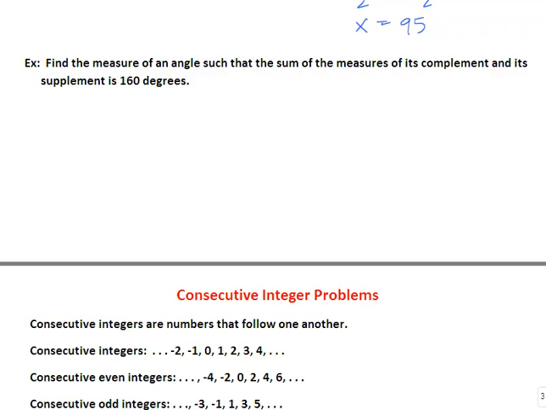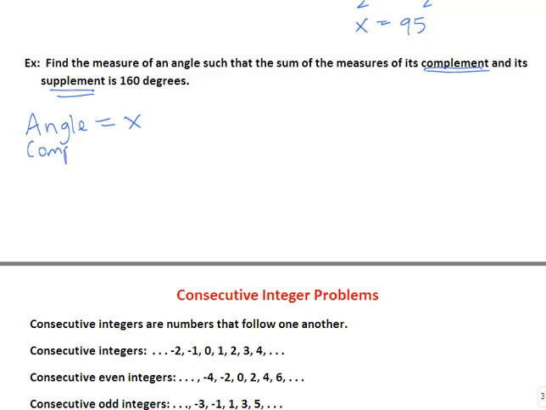Okay, the next one says find the measure of an angle such that the sum of the measures of its complement and its supplement is 160 degrees. So as soon as you see either the word complement or supplement, you're going to write down three things. The original angle that we're looking for is always your x.